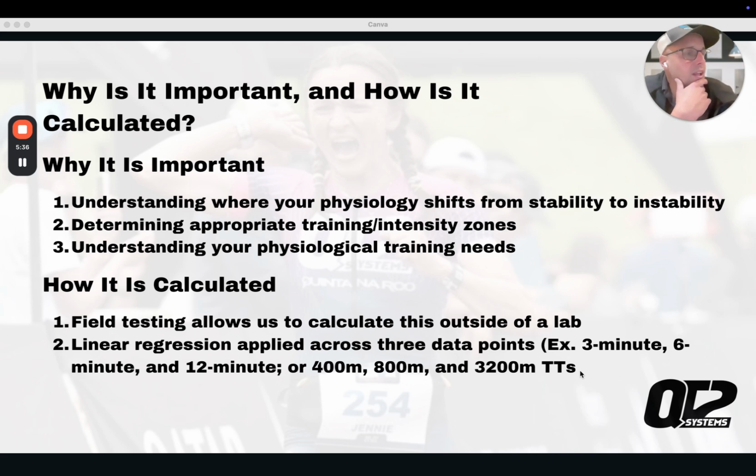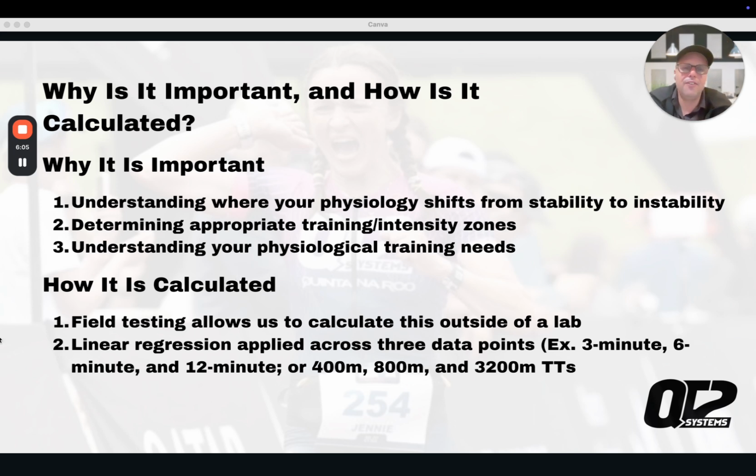Really, what we're aiming at here is to test ourselves to see where we land at short interval durations, longer interval durations, and then somewhere in the middle, medium interval durations. So where our physiology may be a little more anaerobic, where it may be much more aerobic, and then where it is kind of 50-50.